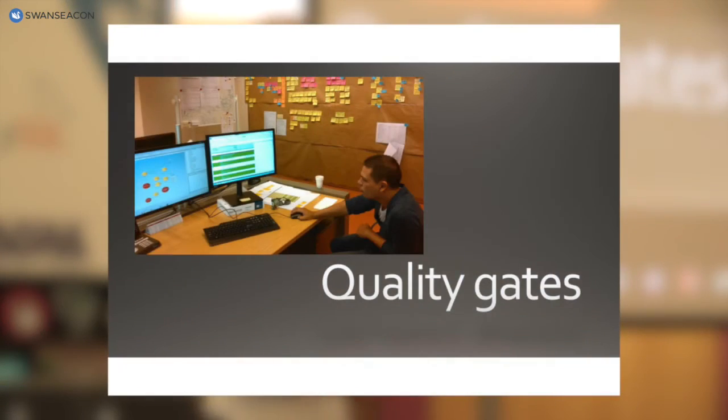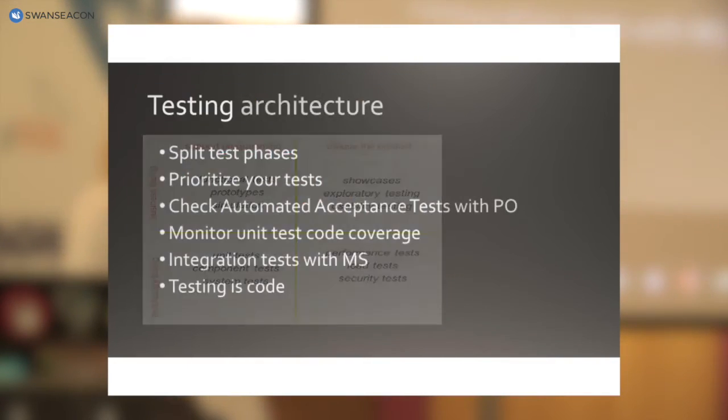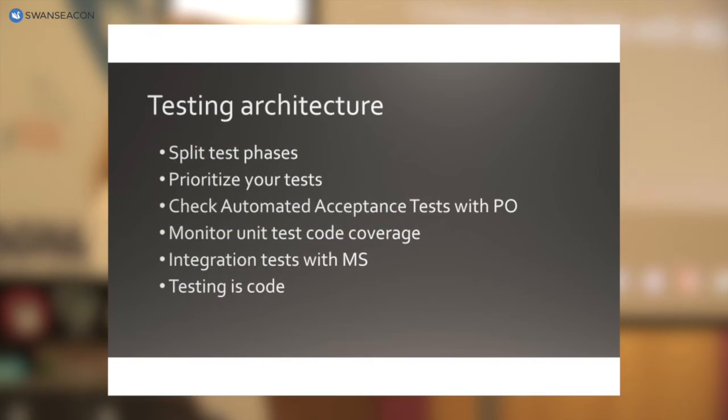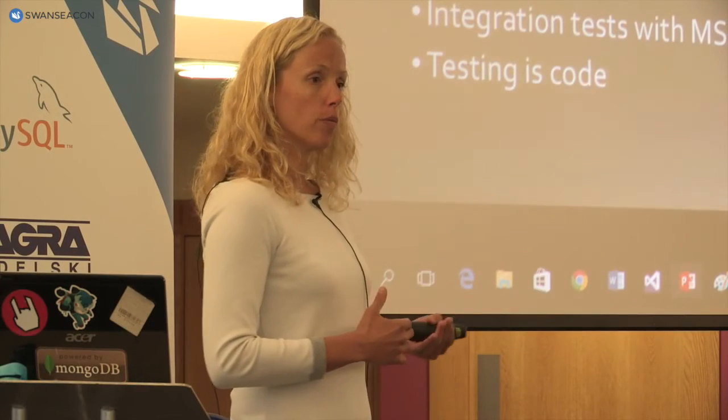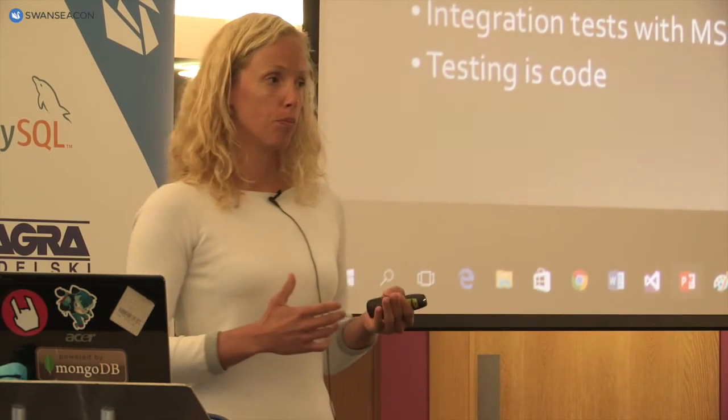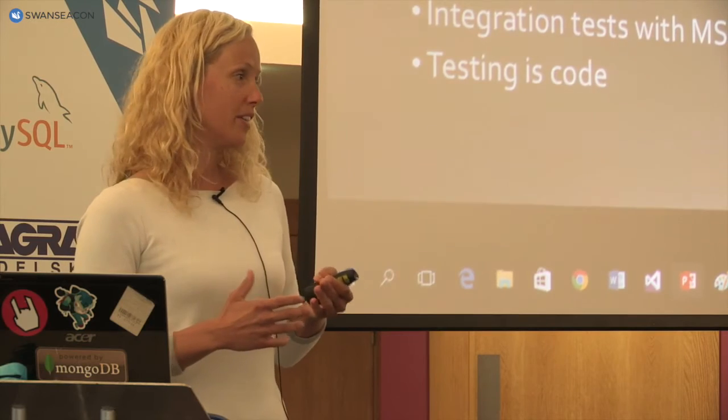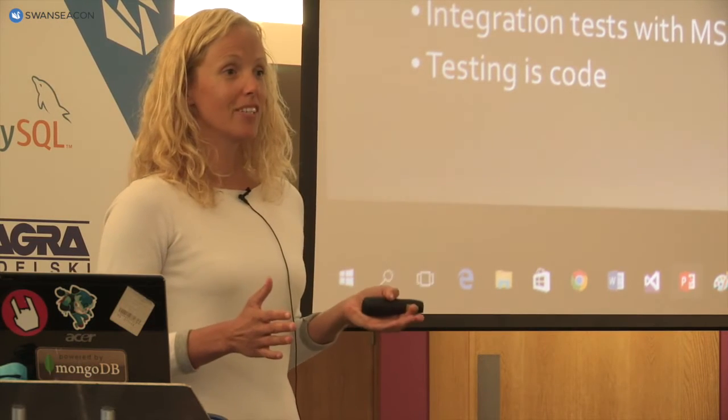Then your quality gates. You're nothing in continuous delivery without your quality gates. So you have to make sure you get a good architecture. You can't just say to testers who were used to doing a lot of things manually and some things automated, but they aren't programmers, and now they have to be able to make the whole process automated.